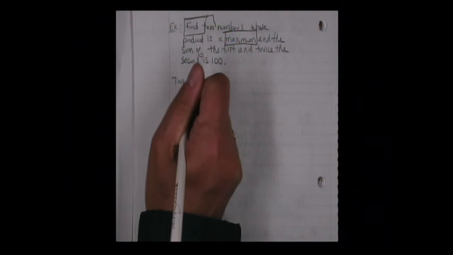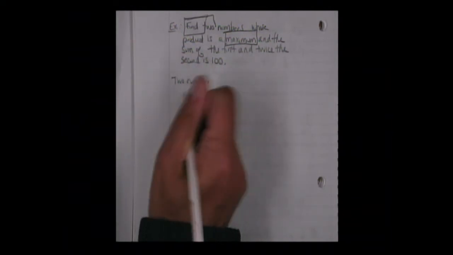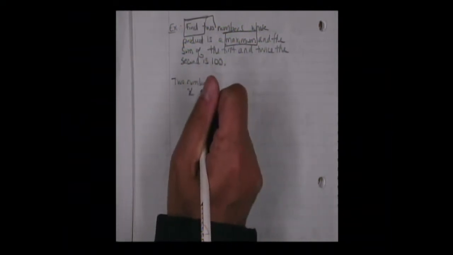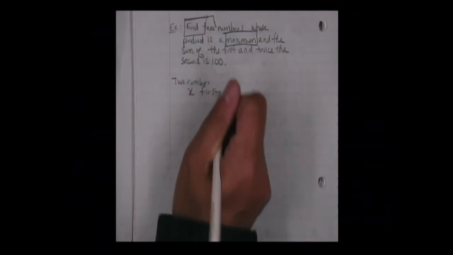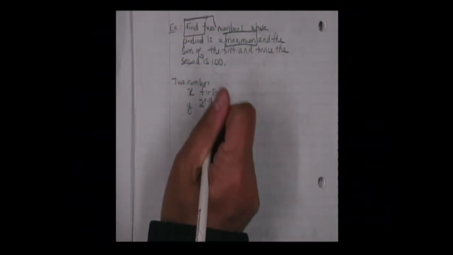I'm going to try to use good form. I'm not always the best with good form, but usually I set up and say, okay, I need two numbers. So I'm going to call x the first number and y the second number. Probably looks familiar from days gone by. Right, so x is the first number, y is the second number.